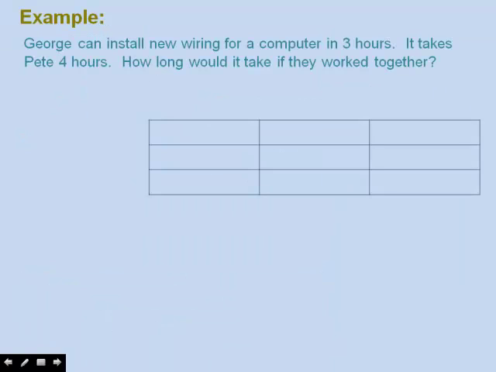Here's an example. Starting again with George installing new wiring for a computer in 3 hours, then we also have the information that it takes Pete 4 hours to do the same job. So how long would it take if they worked together? Let's fill out our table. We have George as one of our workers, Pete is another one, and we're going to use our third row for them working together.